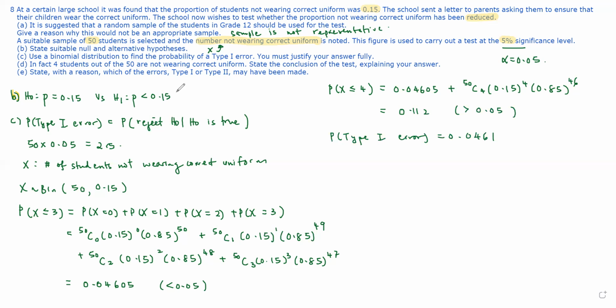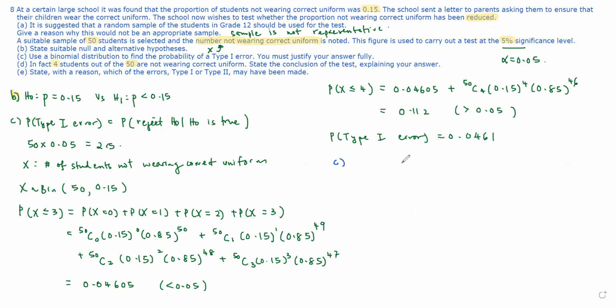Part D, in fact, 4 students out of 50. So when the sample was collected, we noticed that 4 out of 50 are not wearing correct uniform. State the conclusion of the test explaining your answer.